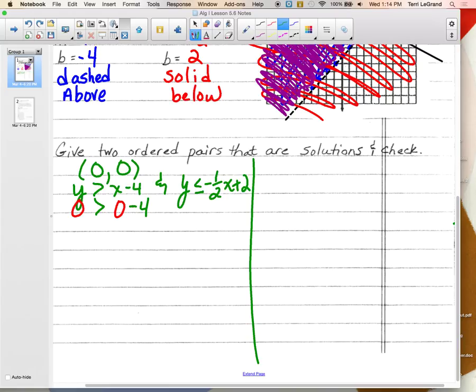What happens in the first one? What's the statement that we get? Riley? 0 is greater than 0 minus 4. And what is 0 minus 4? Negative 4. Is that true? Okay. So far it's looking like it might check, but it has to check in both of them, doesn't it? So this is true. Okay, we're happy with that. Now let's do this one.